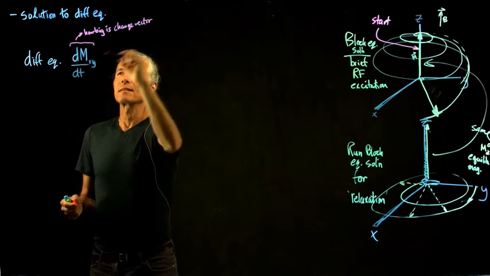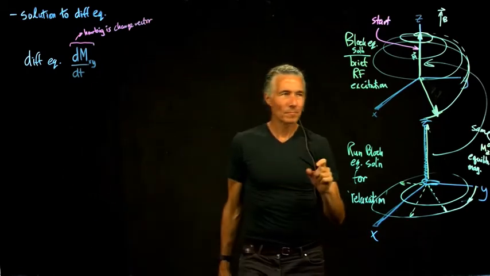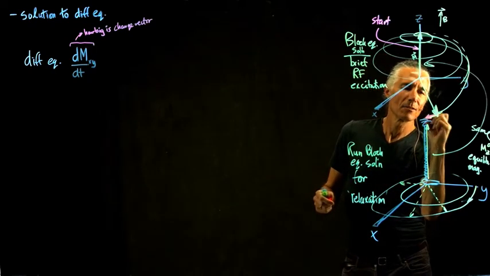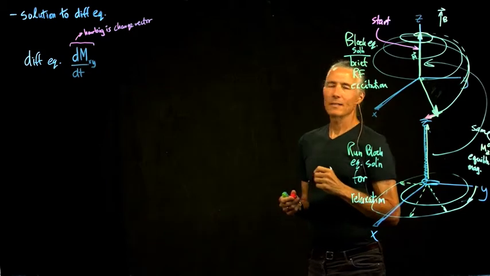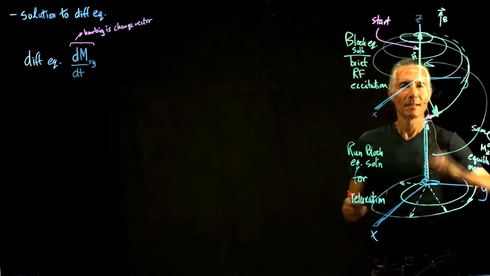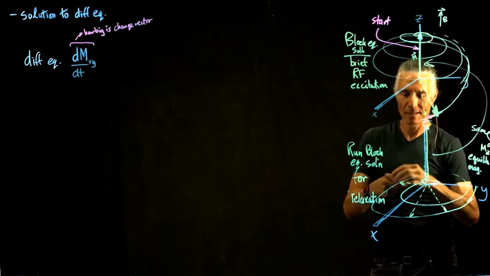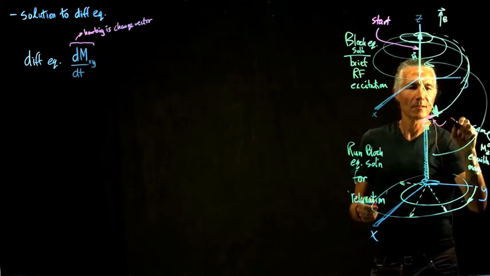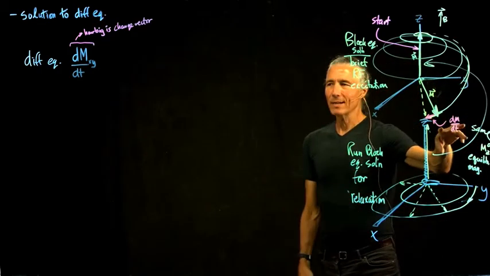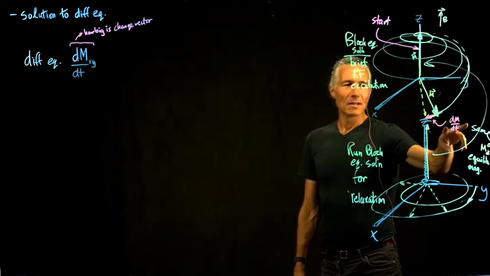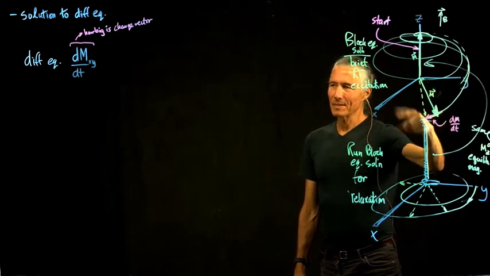Remember, the dm dt vector is the vector that's telling you where the next update of the m vector is. So this guy is the m, and then this guy is dm dt. But we're subtracting out the change in the z component, and we're also ignoring the precession component.